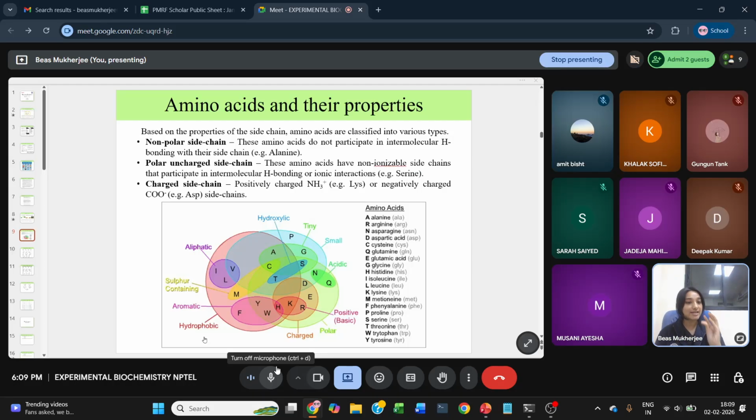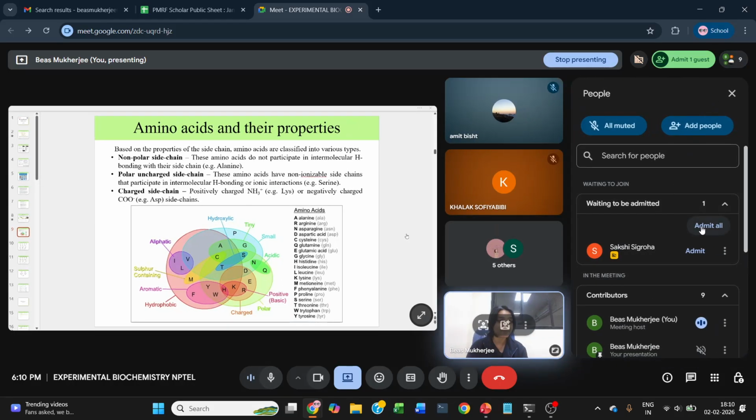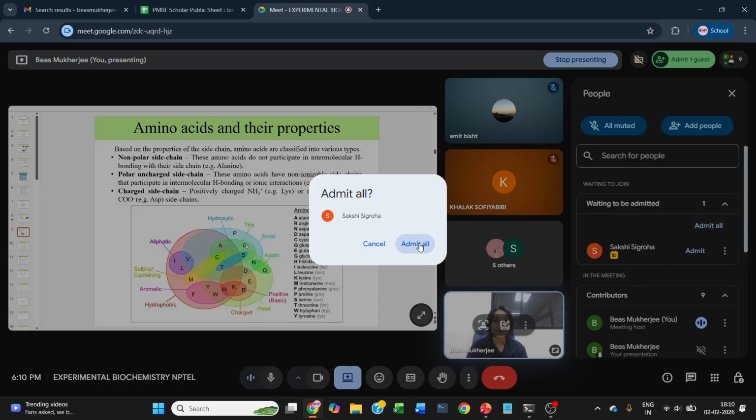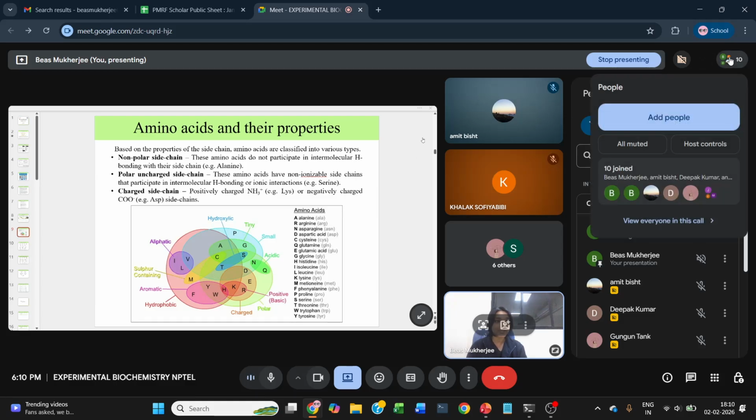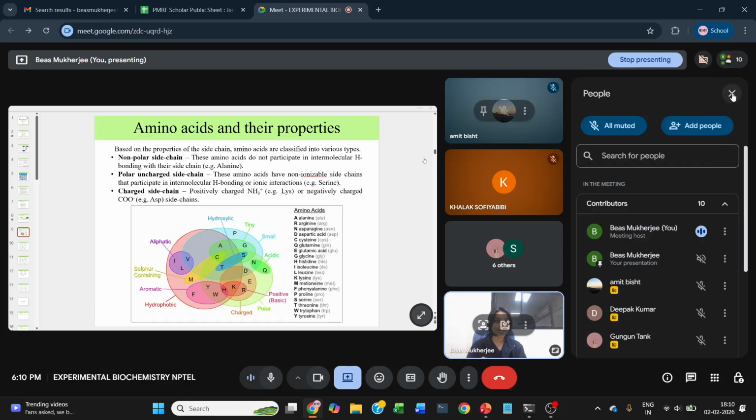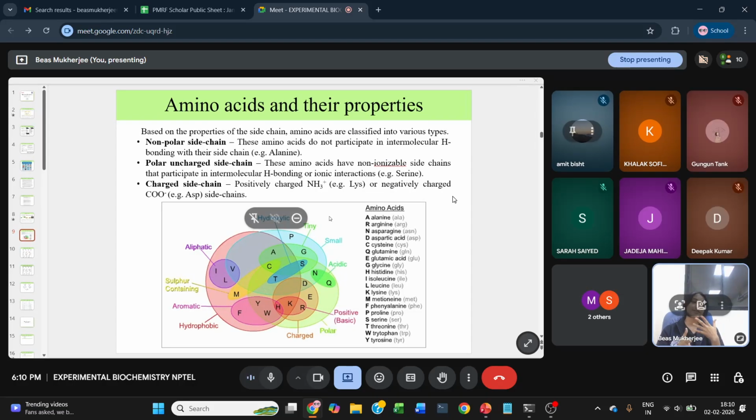So there is this sulfur, and with sulfur H is connected. But in selenocysteine, there is selenium instead of sulfur. If you remember the periodic table, selenium and sulfur are very close by, very similar. And that is why, very interestingly, in selenocysteine, the sulfur has been replaced by selenium.